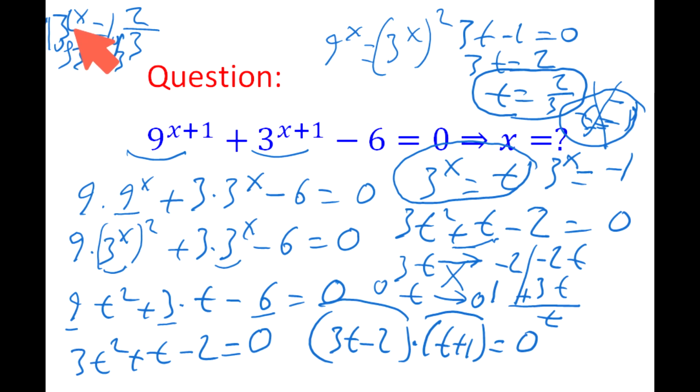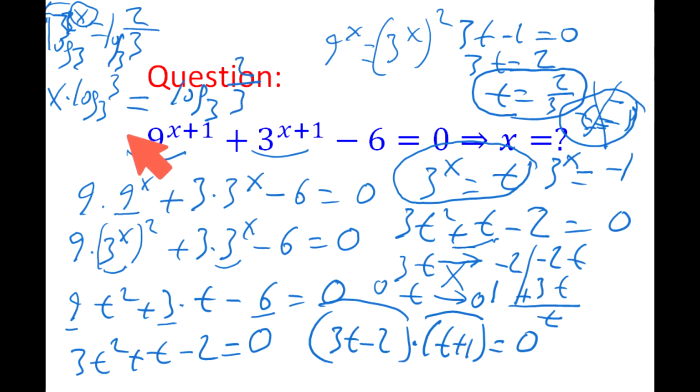Why in base 3? Because we have 3 here also. So I'm going to benefit from a feature. That's why I take the base 3 logarithm of both sides. Because once you do it, then this x is going to come up front as x times logarithm 3 in base 3. And on the right side, we're going to have logarithm in base 3, 2 divided by 3, guys.